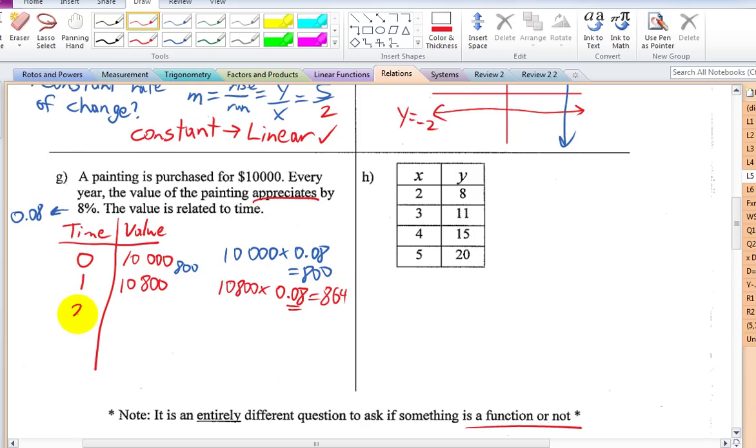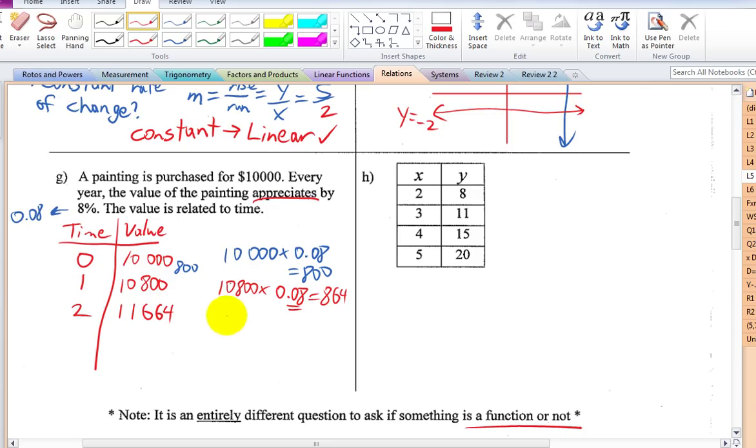So now, after 2 years, you're at 11,664. Is that right? Yeah.